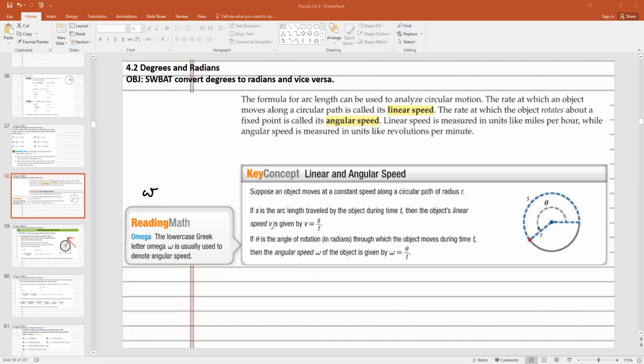So we have v for the speed, which is going to be the arc length divided by time. And if theta is the angle of rotation in radians through which the object moves during time t, then the angular speed, omega, of the object is given by omega equals theta divided by t, time.